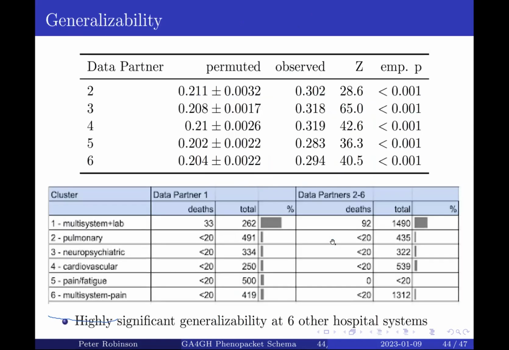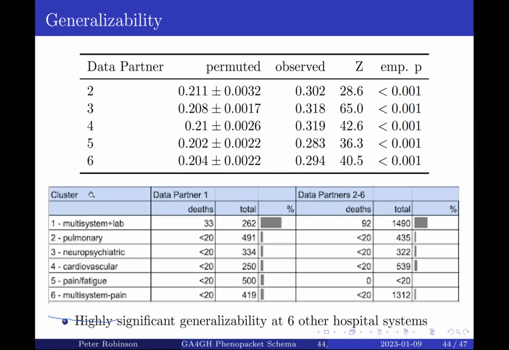And we could actually show that the clusters that we defined in data partner 1, basically hospital 1, generalized to 5 other hospitals that we tested with, and essentially we never saw the same degree of similarity. So we could essentially get z-scores that would be closer to 1,000 if we continued the permutations.